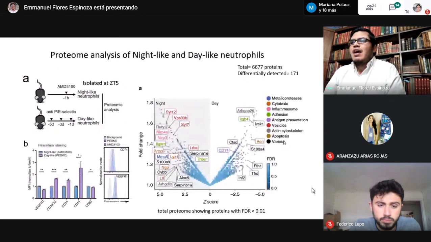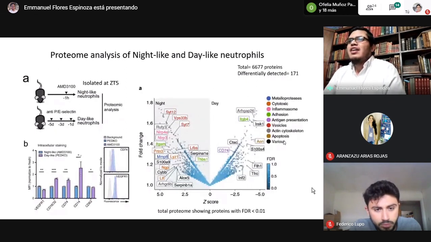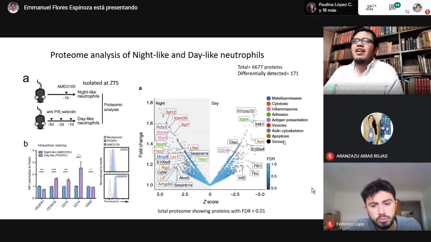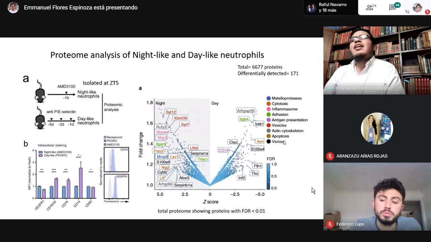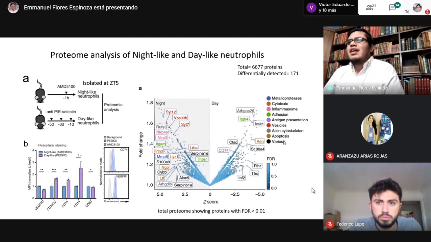they first wanted to study whether there are differences between the neutrophils that are present in the day and the neutrophils that are present at night in the organism. To study whether these populations could be different, they studied the proteome of these cells.